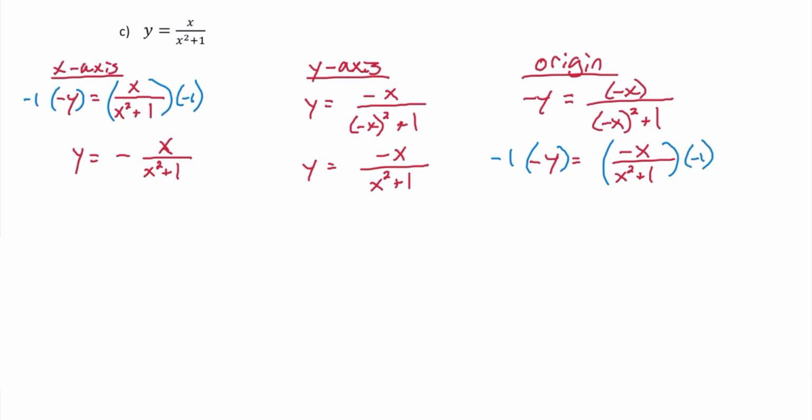Multiply both sides by -1, and we get y is equal to x over x squared plus 1, which is the original, so we have symmetry about the origin. This is symmetric with respect to the origin.